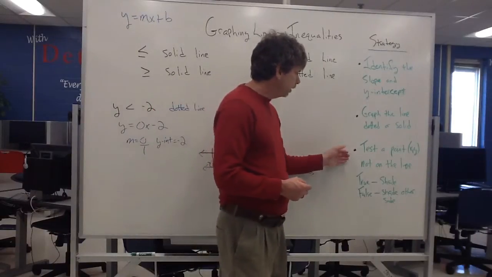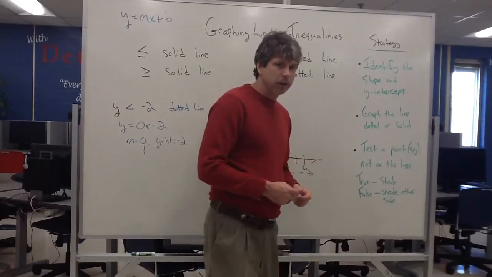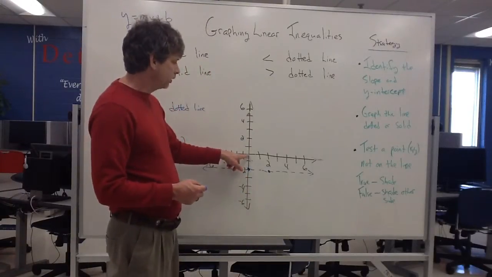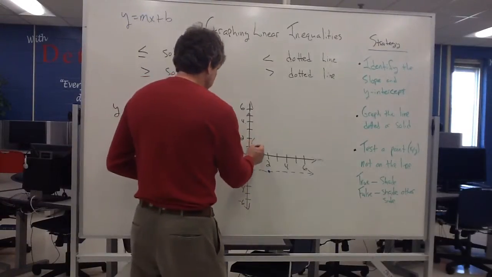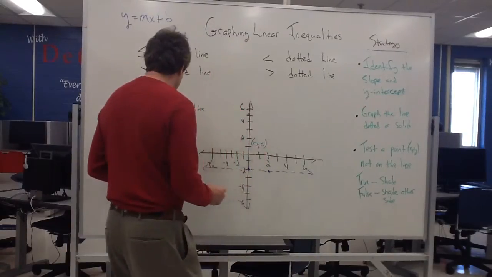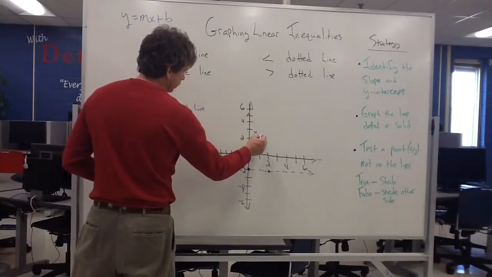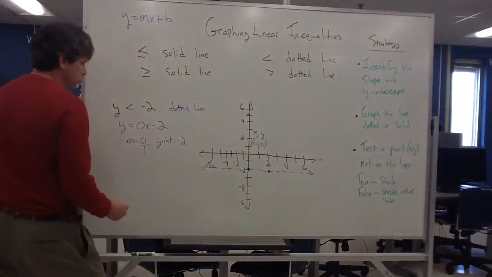The next thing I want to do is pick a point that's not on the line. Again, I always like to choose something that's easy. So again, I see that 0, 0 is available. So my x value is 0, my y value is 0.